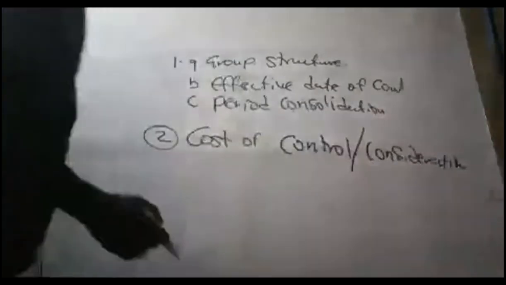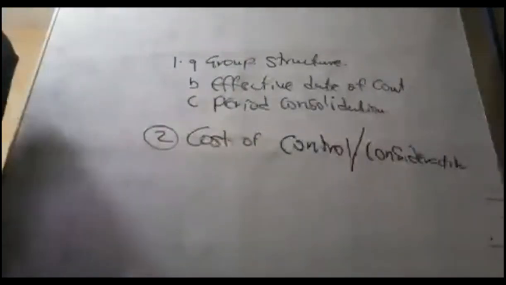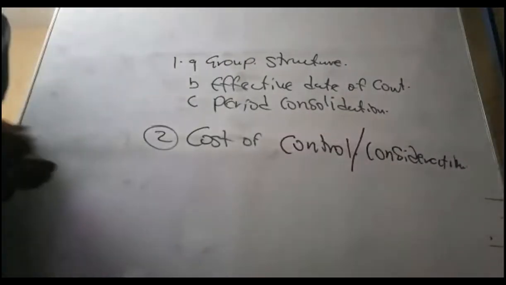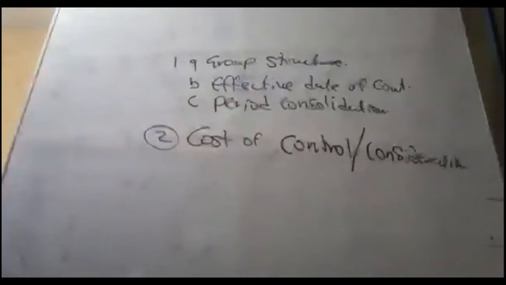Now, with the cost of control, when a parent acquires a subsidiary, the total cost that the parent incurs for acquiring that subsidiary, that's the cost of control.